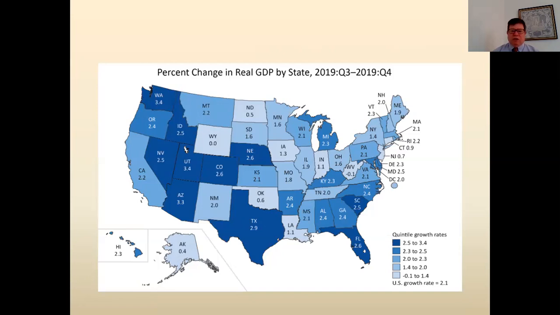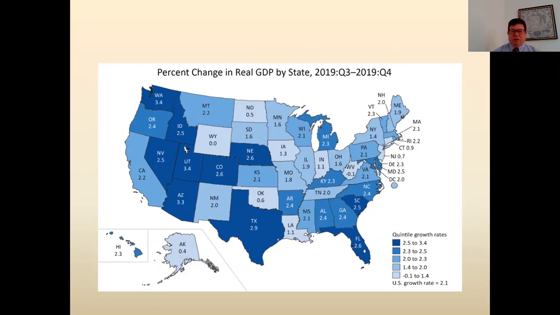So if you take a look at the country, we can have situations in which one state might be in a recession while other states are still having some serious economic growth. And a lot of this has to do with the types of products that states offer, whether or not they're natural resource dependent, whether they're tourism dependent, whether or not they're agriculturally dependent, whether or not they're financially based, that sort of thing, has a profound impact.